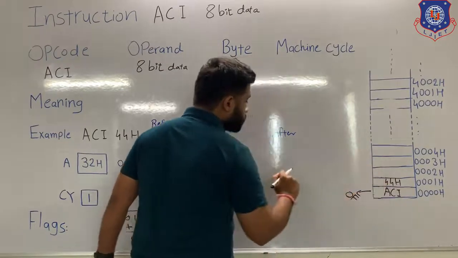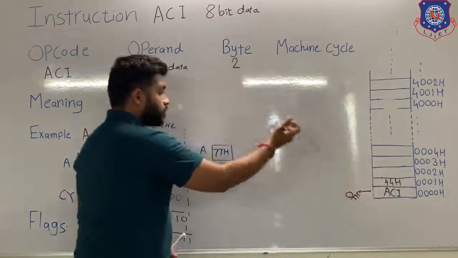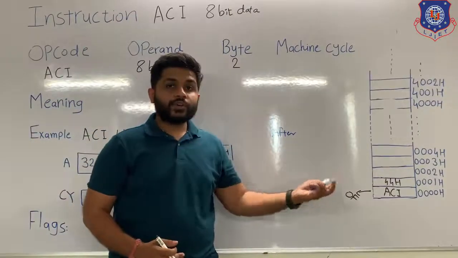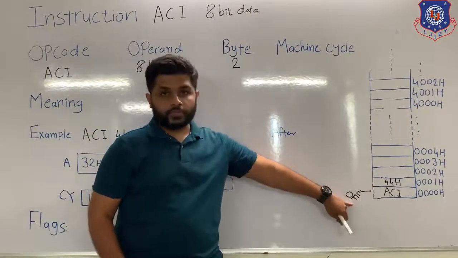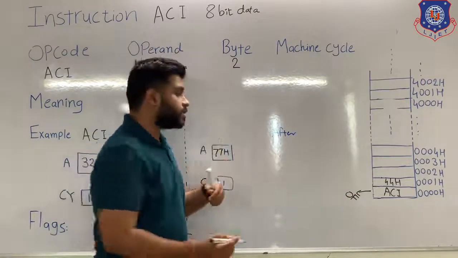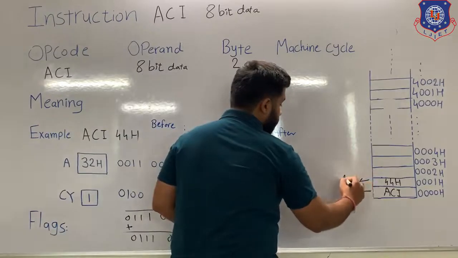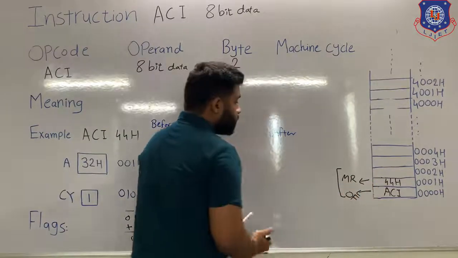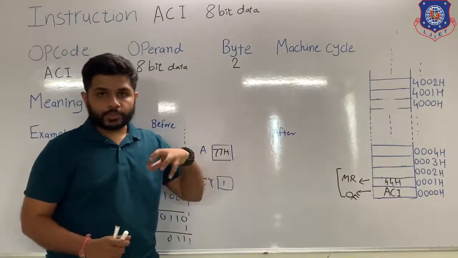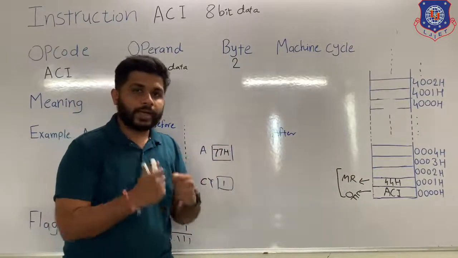When the microprocessor performs the opcode fetch, this opcode will be transferred to the microprocessor. Now, the whole instruction is not read when the opcode fetch is performed. To read the whole instruction, the microprocessor has to perform one more machine cycle, that is memory read. So when opcode fetch and memory read are performed, the whole instruction will be transferred to the microprocessor. The processor will decode and execute.